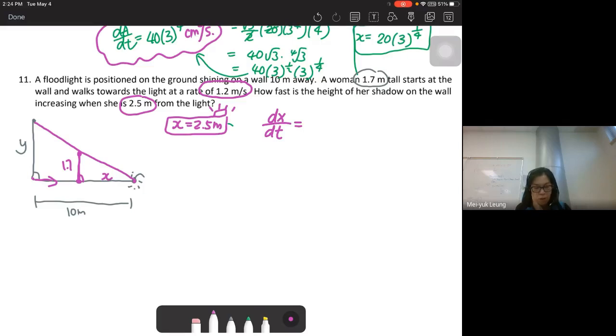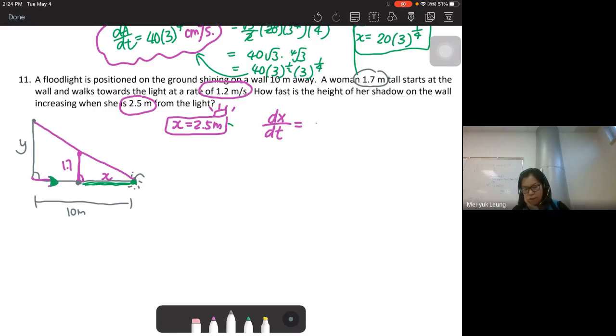If I label x as the distance between the woman and the floodlight, and the woman is walking toward the light, is dx/dt going to be a positive rate or a negative rate? Is the x value increasing or decreasing? It's decreasing. Okay, so the x value is decreasing.